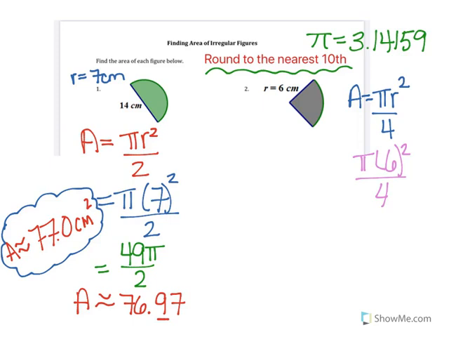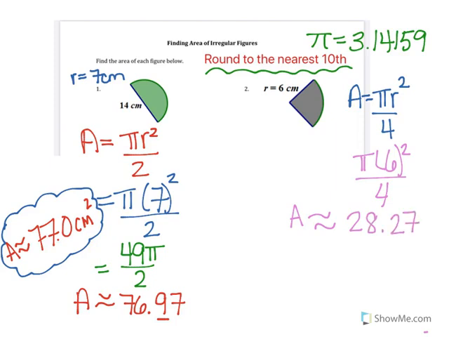And if we type this all into the calculator, pi times 6 squared over 4, we should get that the area is going to equal 28.